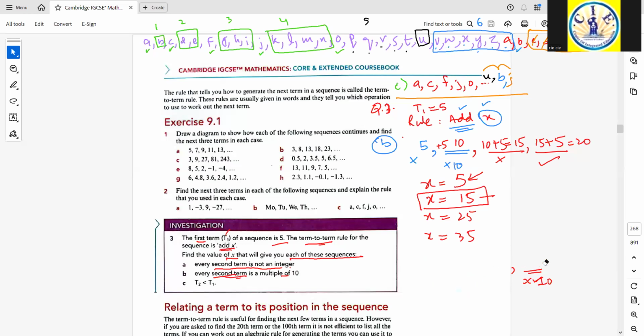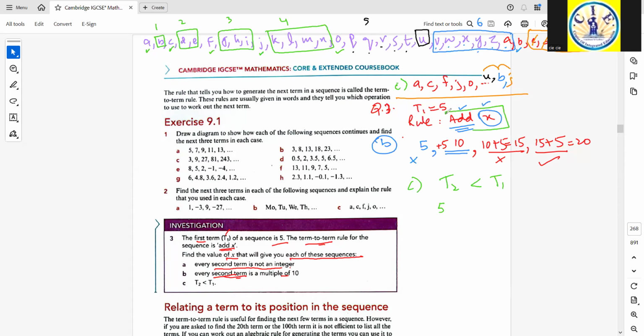Okay, now it's part C. For part C, it states that T2 should be less than T1. Starting with 5, I need to add something to 5 so that the next number is less than 5 itself.